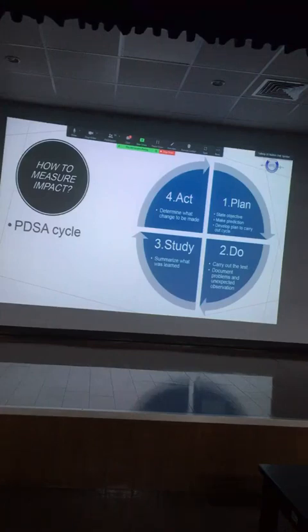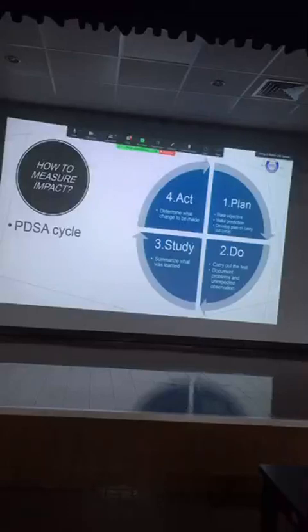And then I'll execute. You do the course, and after you finish the course, you do the study. Now I measure the blood culture contamination rate. Did it go down? If yes, then you act upon it. You make it a standard. Any nurse who joins my department should take that course. If it didn't work, then you go again to the planning phase. Okay, I still have a blood culture contamination rate problem.